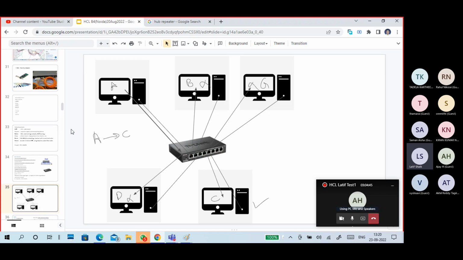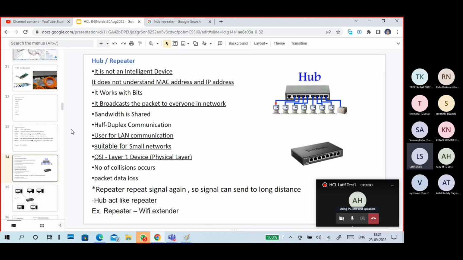If A sends a packet to B, that same packet is sent to B, D, C, E, F, G, like that. All connected devices get the packet, because a hub is non-intelligent. It does not understand which device is which, like by MAC address or IP address.